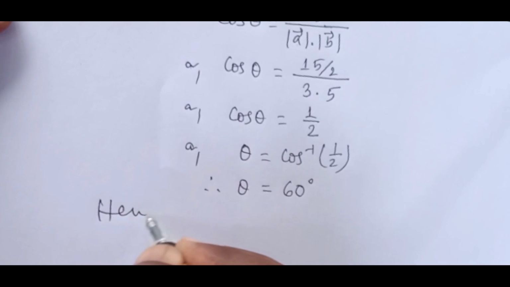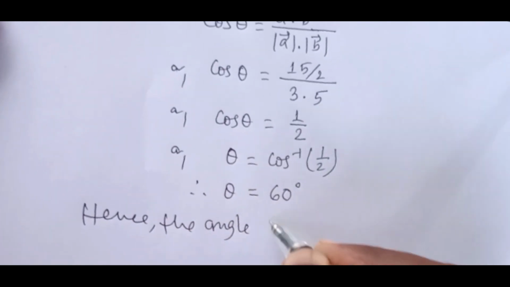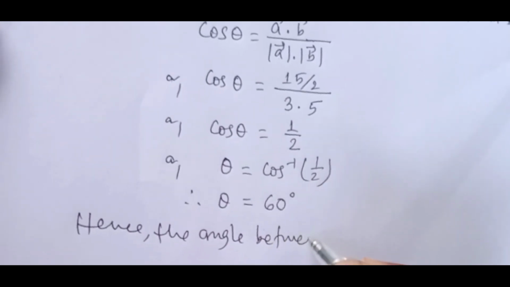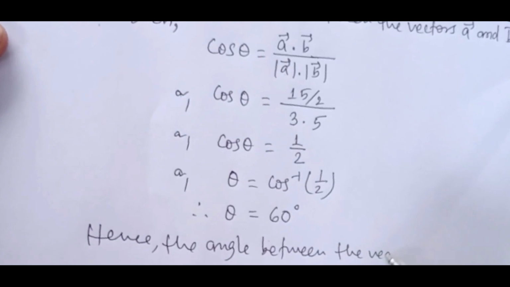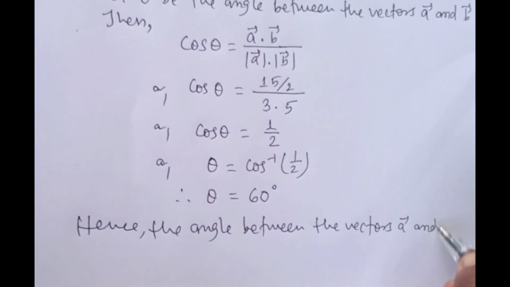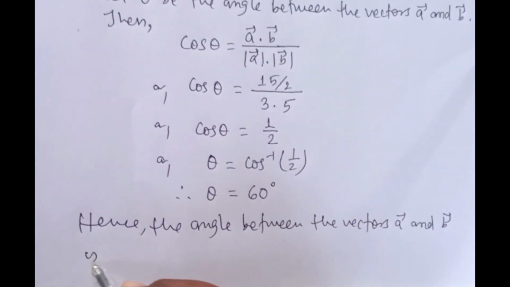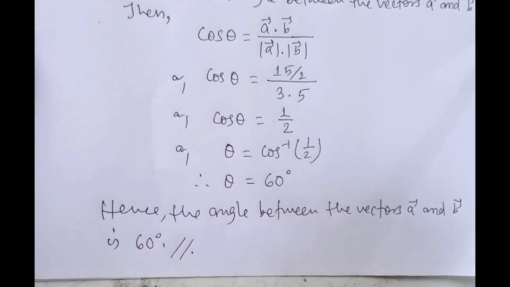Hence the angle between the vectors A and B is 60 degrees. So this is the first question.